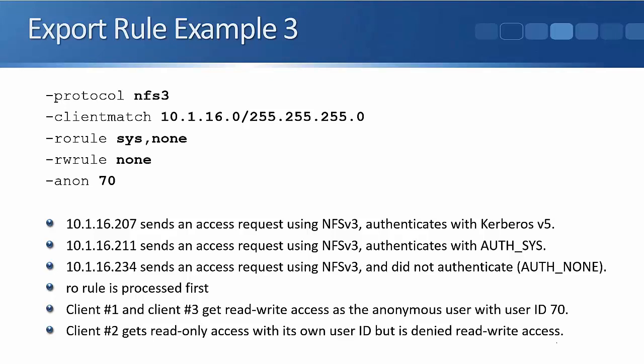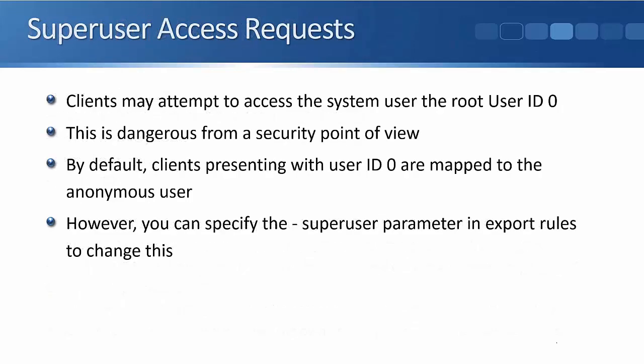Client number 2 authenticated with type sys, so it does not match the read-write rule, so client number 2 ends up getting only read-only access. Clients number 1 and 3 do match the read-write rule of none, so they will get read-write access as user ID 70.